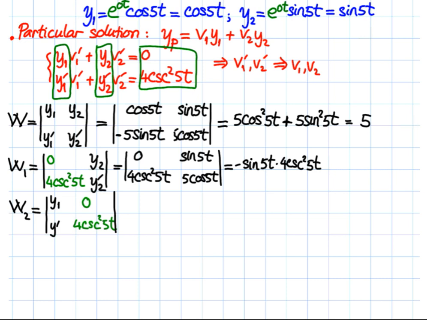Cosecant is 1 over sine. So we'll have negative 4 on the top, sine of 5t, and sine squared at the bottom. Canceling the sine 5t, we just have negative 4 cosecant 5t.